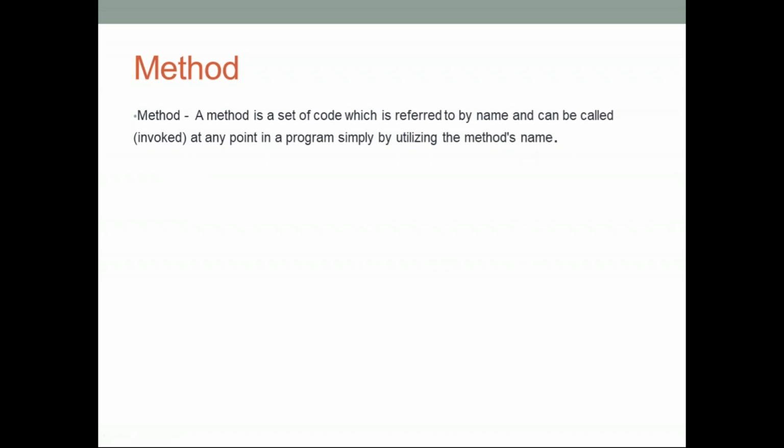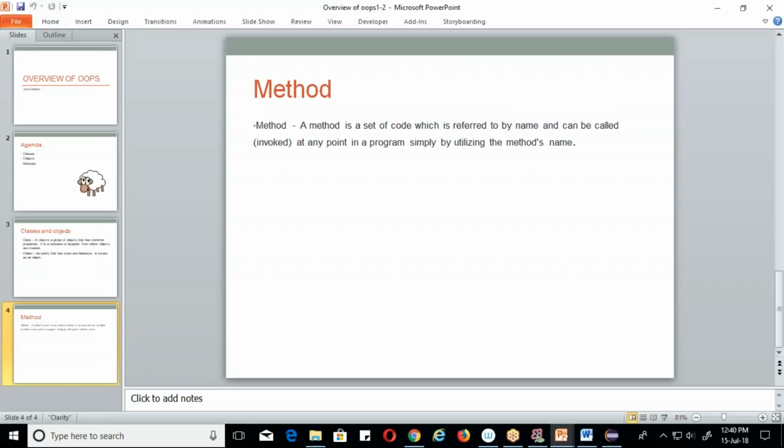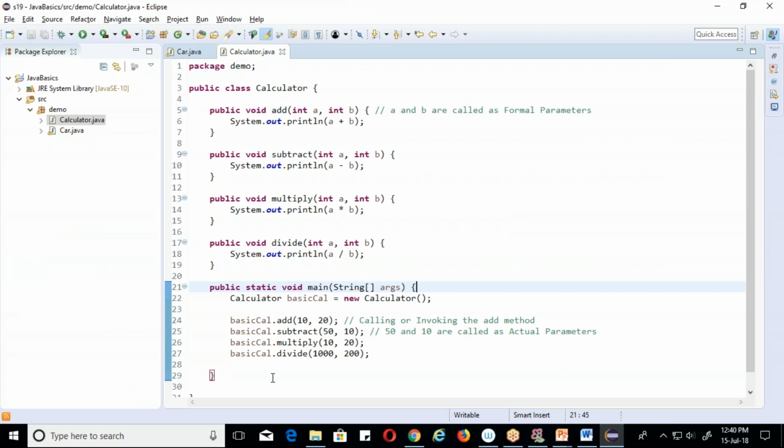A method can be called or invoked at any point in a program simply by utilizing the method's name. So when we have to call the method, we have to use its name. We wrote basiccal.add, basiccal.subtract, or basiccal.multiply. That is what we call invoking the method. So from this program, what you need to remember is that whenever you have to call a method, you always have to follow this notation: object.method.